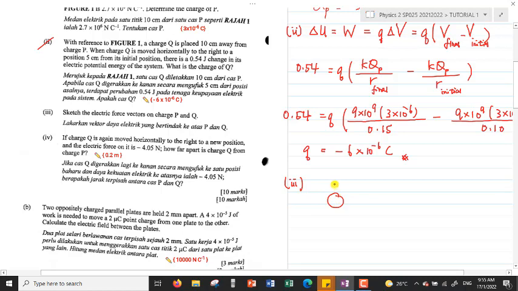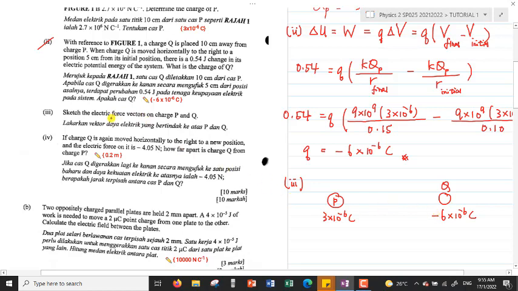Okay. So this is charge P. So charge P is 3 to the power of negative 6 coulomb. And then we have charge Q, whereby charge Q is negative 6 to the power of negative 6 coulomb. So one is positive charge, one is negative charge.